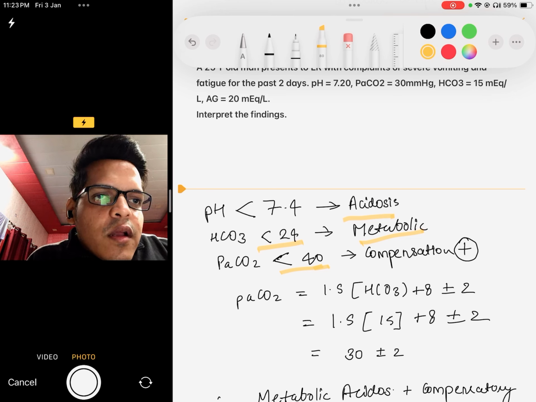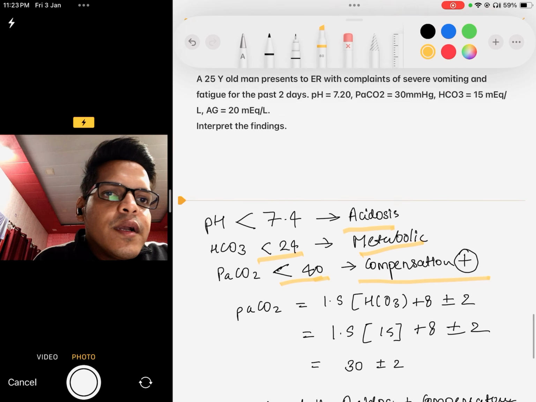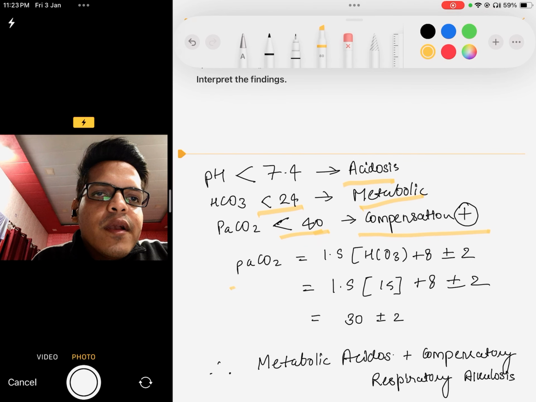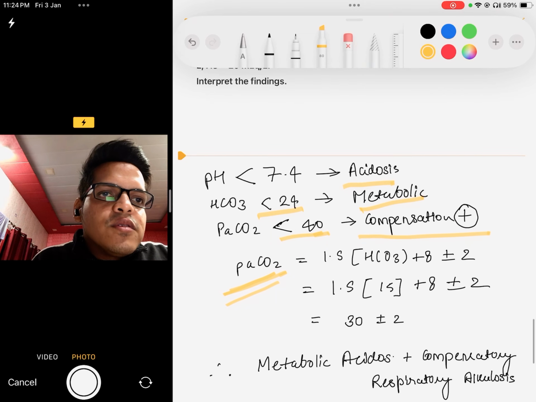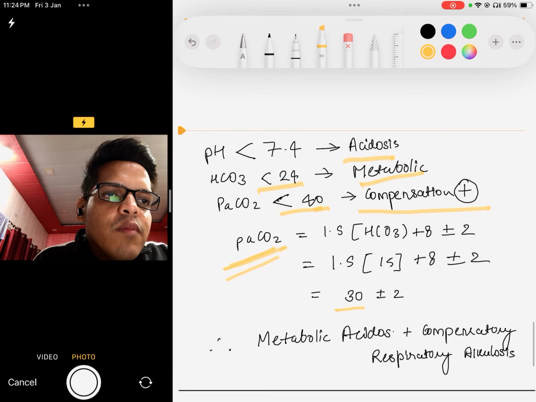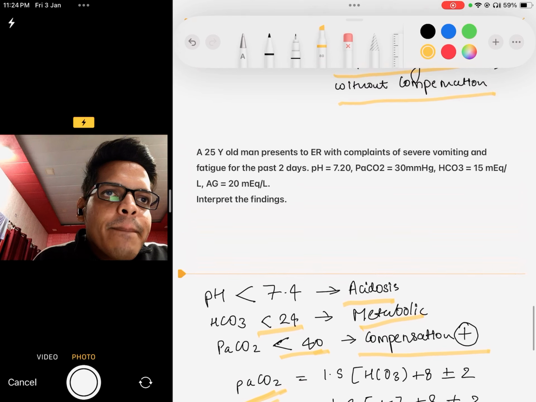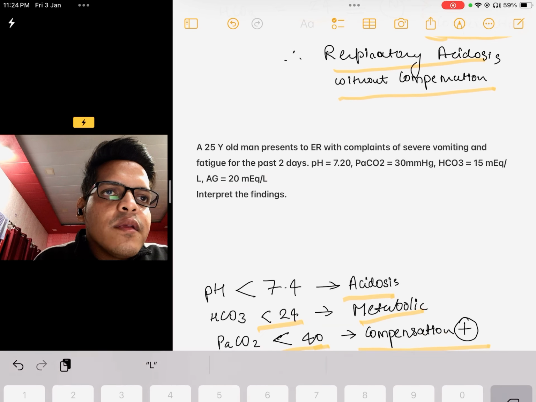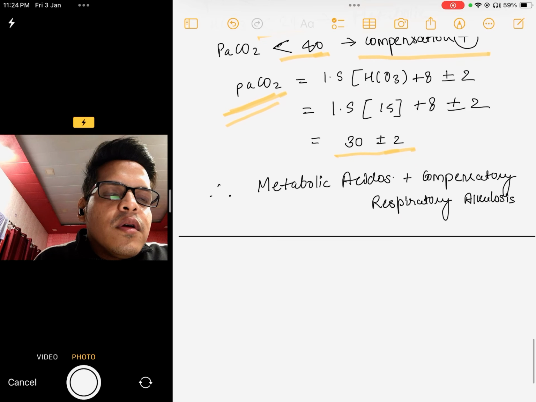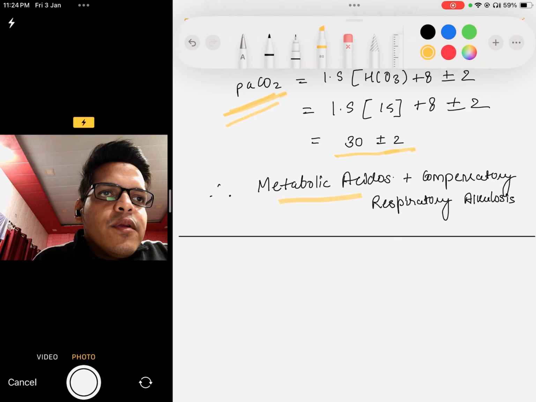Now we will calculate the predicted PaCO2 using Winter's formula to see what the exact compensation is. When you put the values, the answer comes as 30. And in the question, the measured value of PaCO2 is also 30. So it is inferred that this is metabolic acidosis plus compensatory respiratory alkalosis.